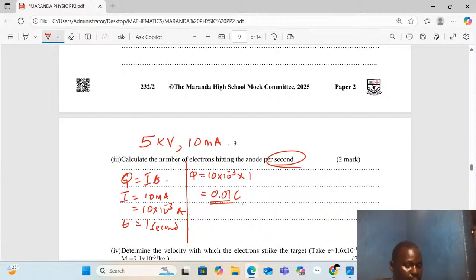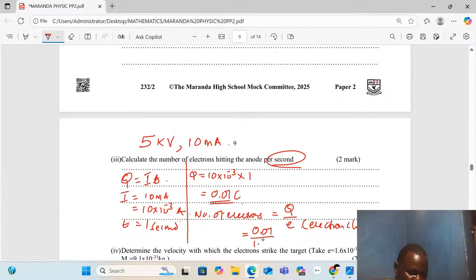From here, you need to calculate the number of electrons. The number of electrons is given by the charge over the electron charge. So it is Q of 0.01 divided by 1.6 times 10 raised to power negative 19.